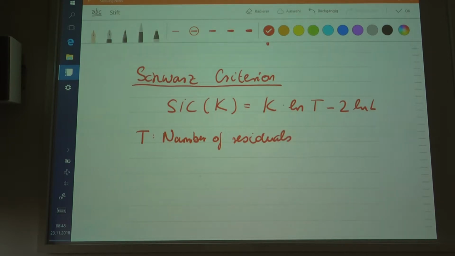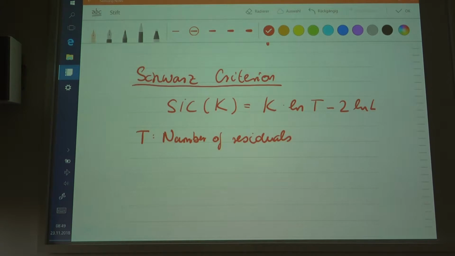Now you have seen this last week also and last time as well. If you estimate an autoregressive process and then increase the number of explanatory variables, meaning that you have a high order autoregressive process, then the number of residuals will decrease. In the first example, we had 6 observations of the time series, but we were estimating a first order autoregressive process, so that means there are just 5 residuals.